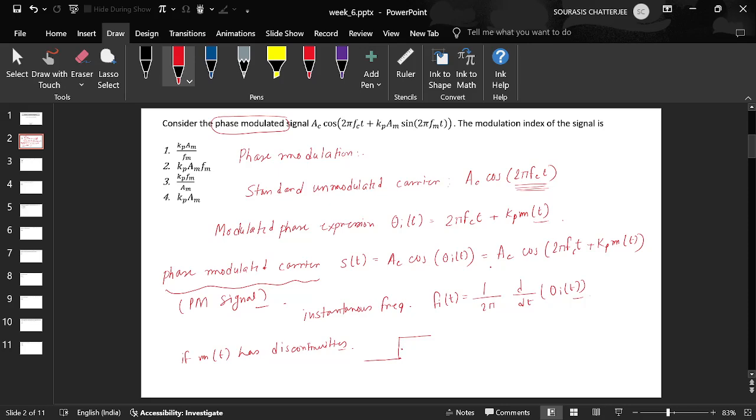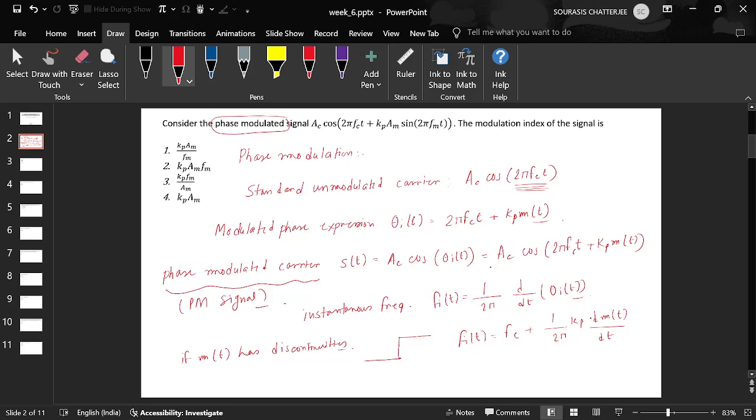So what does that mean? This is the phase expression, right? And in the instantaneous frequency you will have this expression: f_i(t) is going to be f_c plus 1 over 2 pi K_p dm/dt.